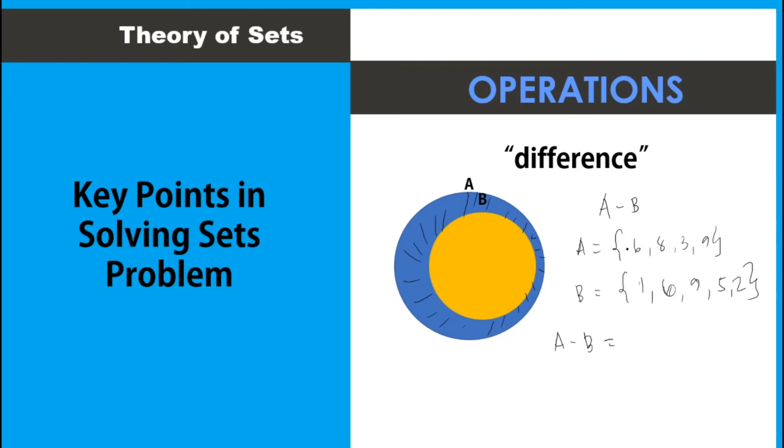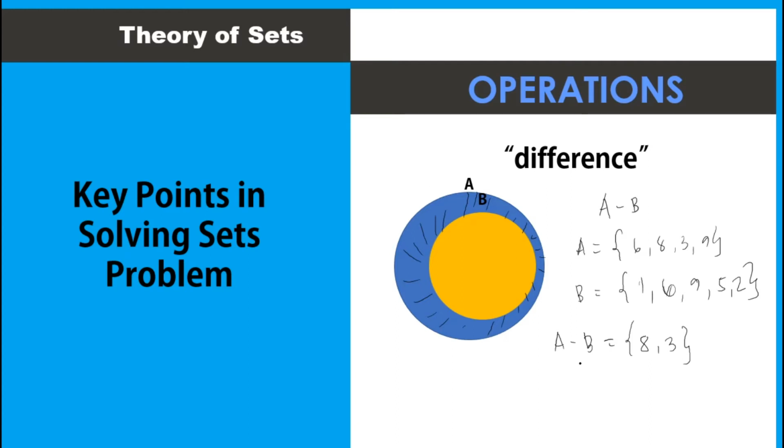What are the elements in A that are not in B? 6 is contained in B, so it is not included. 8 is in A but not in B, so we write down 8. 3 is not in B but is in A, so we have 3. 9 in A is contained in set B, so it is not included. So A minus B is 8 and 3.